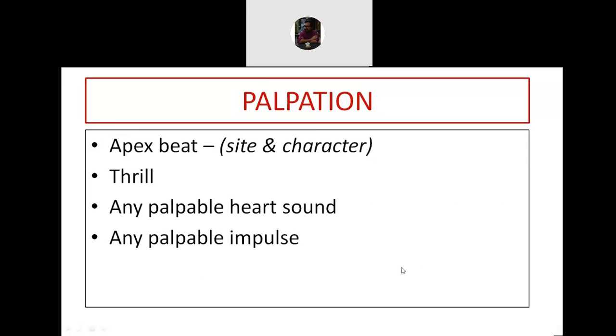It also takes a longer time for the left ventricle to empty. So A2 appears much later. Suppose this is the timing of the cardiac cycle, and this is the A2 component, this is the P2 component, and normally A2 happens before P2.